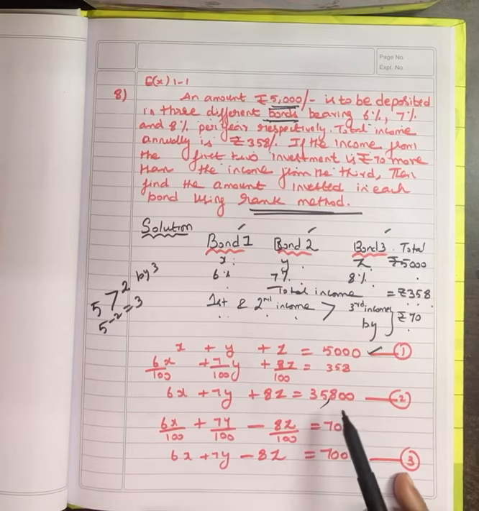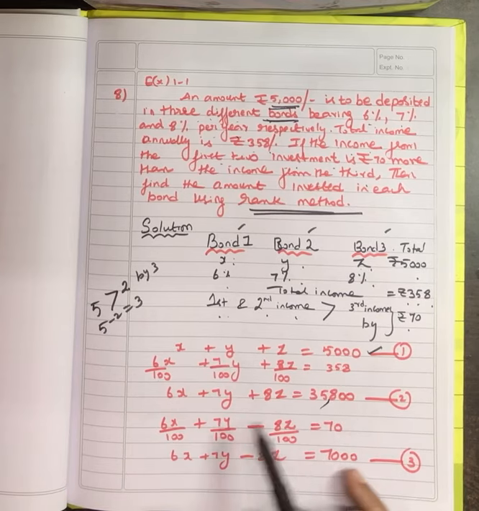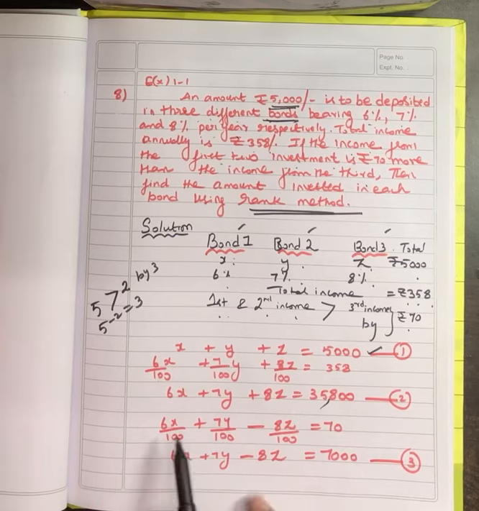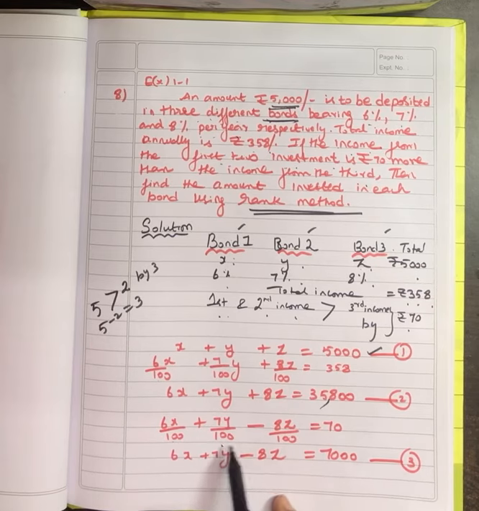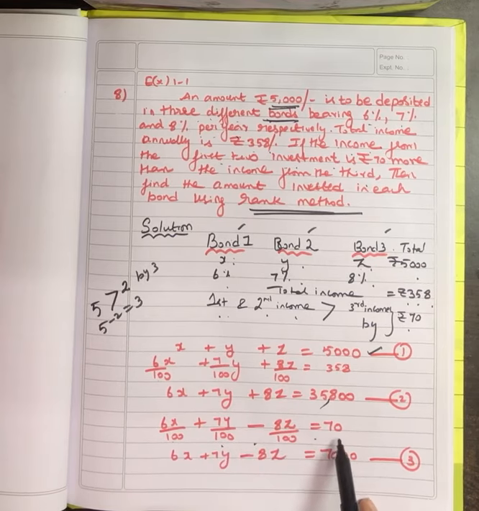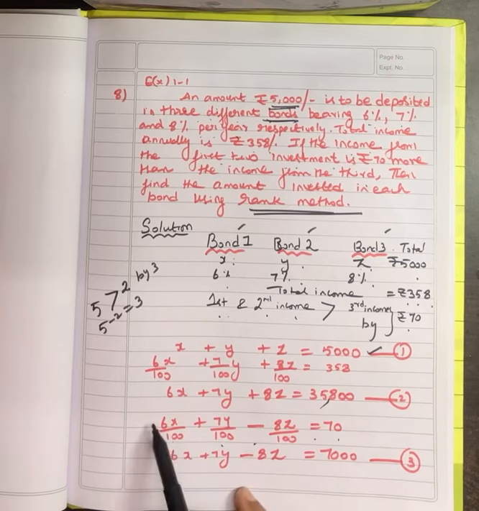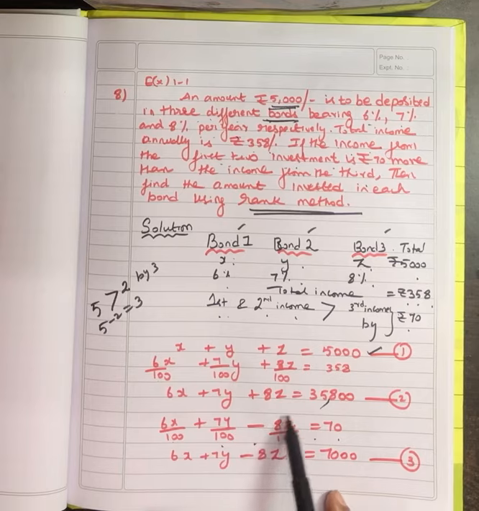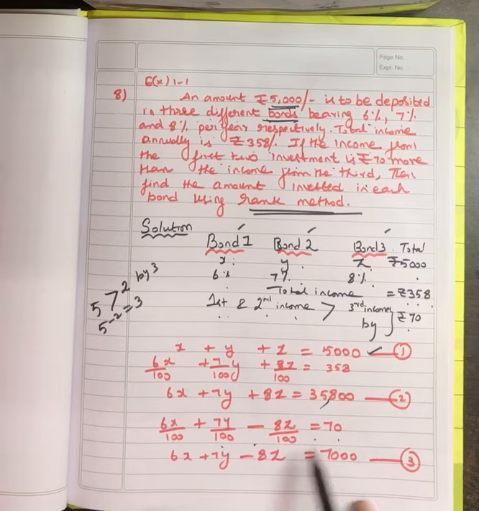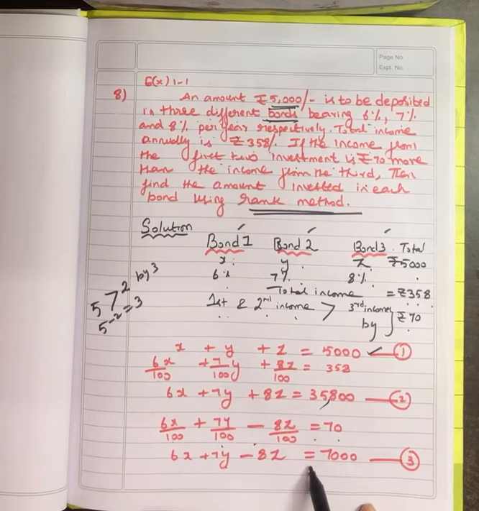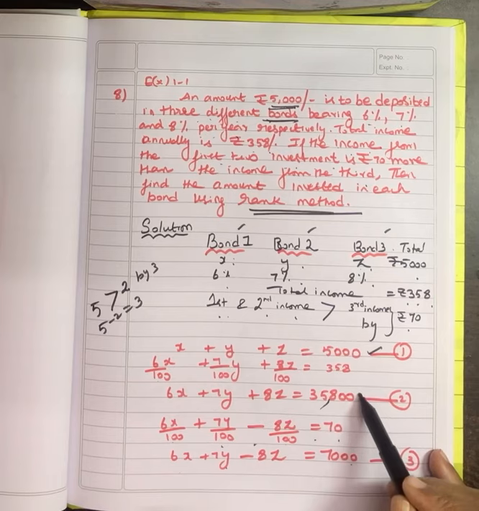Third, the income from the first and second subtraction third equal to 70. 6x by 100 plus 7y by 100 subtraction 8z by 100 equal to 70. Multiply by 100. 6x plus 7y minus 8z equal to 7,000. So 3 equations are formed.